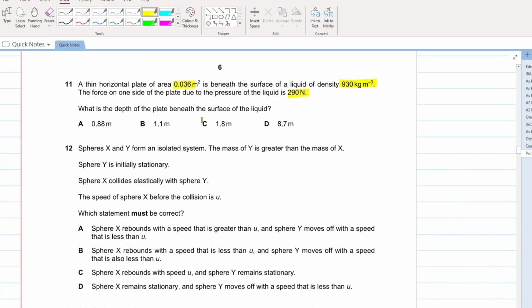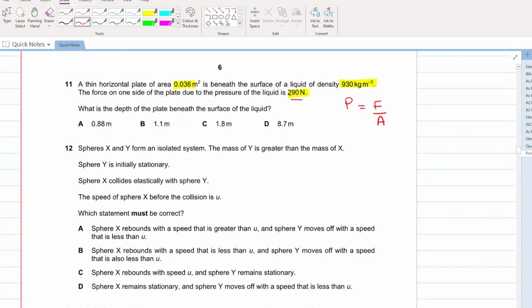So we are given the force, बेटा हमें force given है, and we are given the area. We know pressure is equal to force over area.